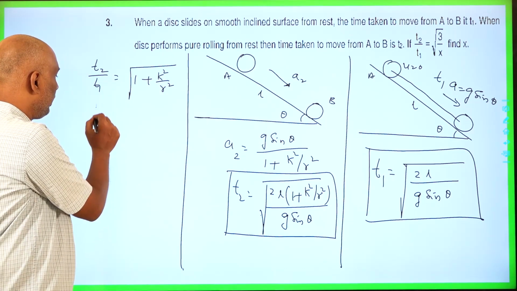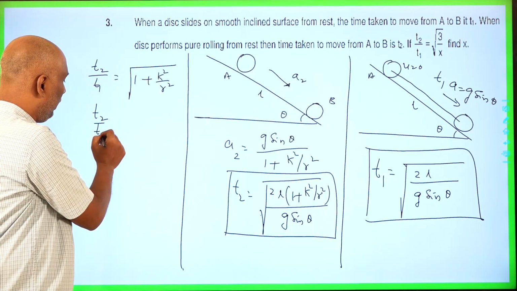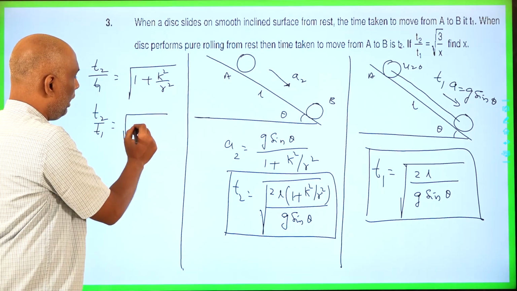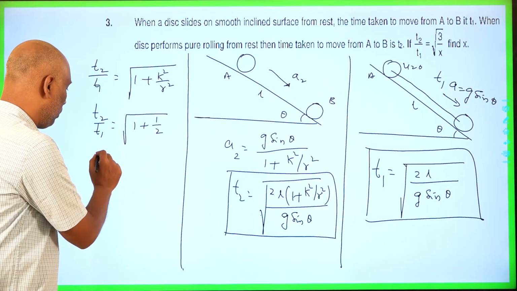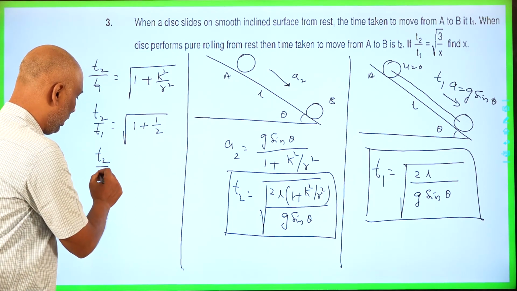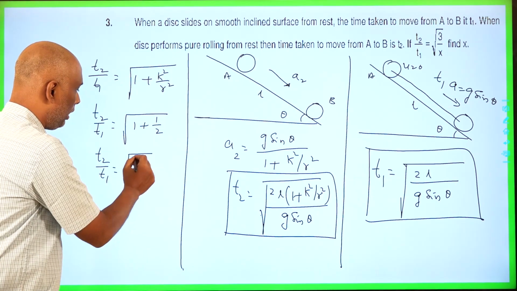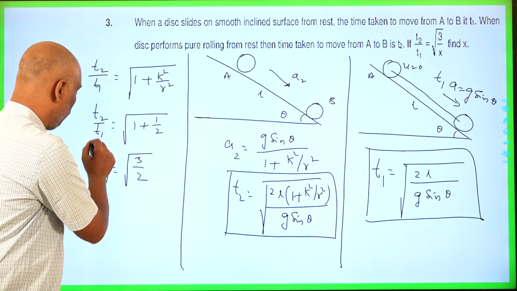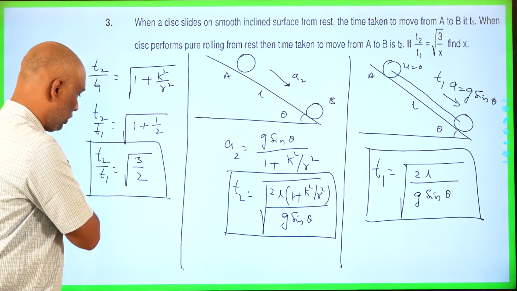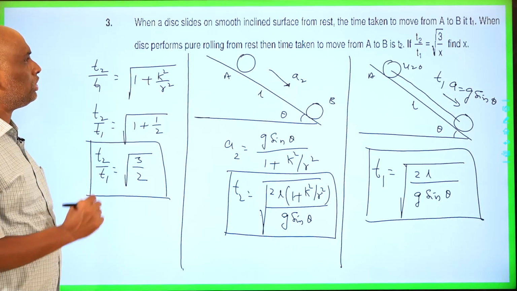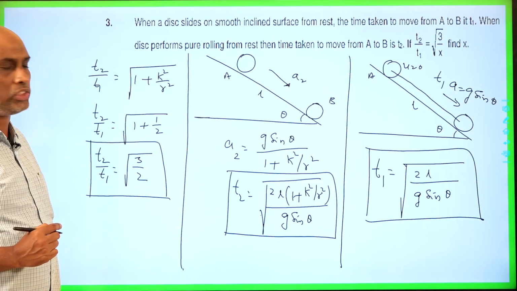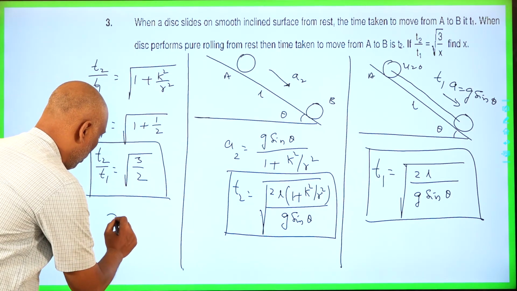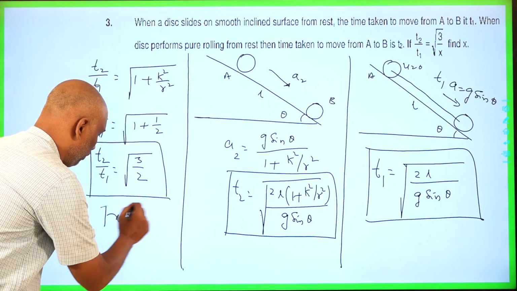So t2 divided by t1 equals under root of 1 plus 1 divided by 2, which is under root of 3 divided by 2. This is the ratio of the time taken. In the question they gave t2 by t1 equals root of 3 divided by x, find the value of x. So we have to understand that the value of x equals 2.